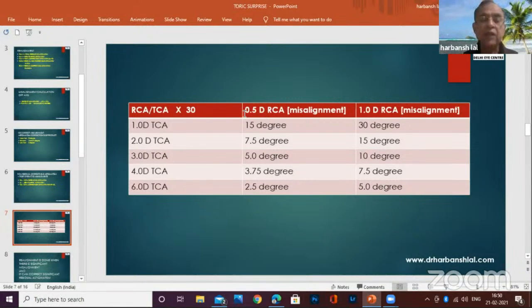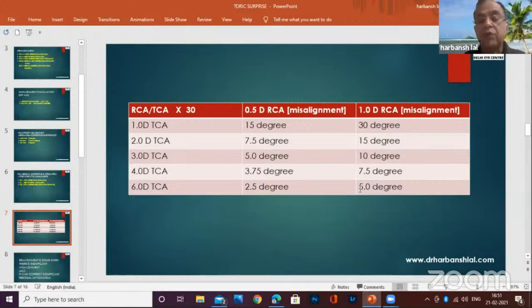A 6 diopter IOL giving an under correction of 1 diopter, actually the misalignment is only 5 degrees. While a 1.5 diopter IOL, which is correcting 1 diopter, the misalignment is 30 degrees. That means the 1 diopter IOL, which is giving 30 degree misalignment, can be corrected, but the 6 diopter IOL, with a misalignment error of 1 diopter, only 5 degrees of misalignment, probably you will not attempt.